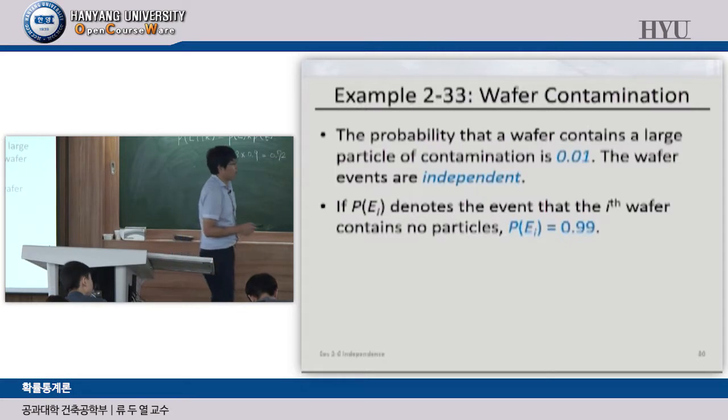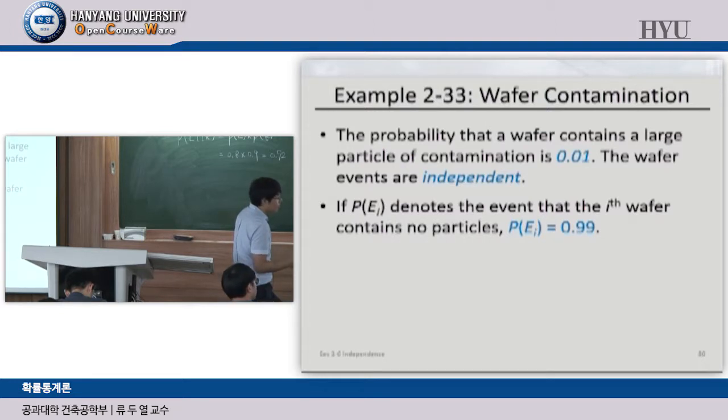So if EI denotes the event that the ith vapor contains no particles, the probability of EI should be equal to 0.99, right? Because the summation of the probability that the vapor contains a large particle of contamination and that the ith vapor contains no particles should be 1. So the probability of EI equals 0.99.